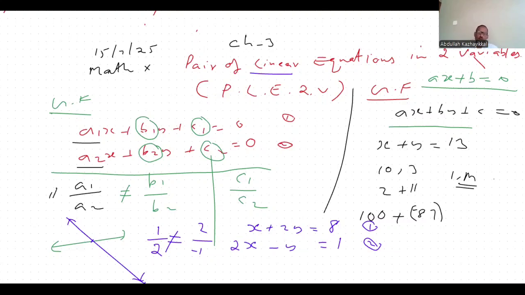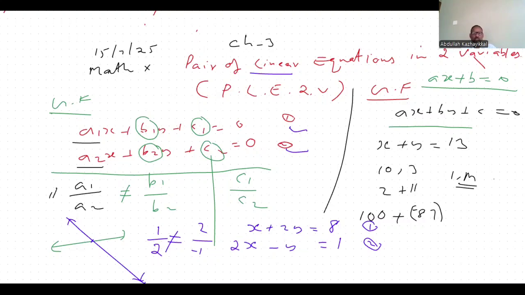Now come to this point. Here I gave you x plus 2y is equal to 8 and 2x minus y is equal to 1. You can make your own equation, it doesn't matter, because you studied this in class 9. So first condition, in this question A1 is 1, B1 is 2.